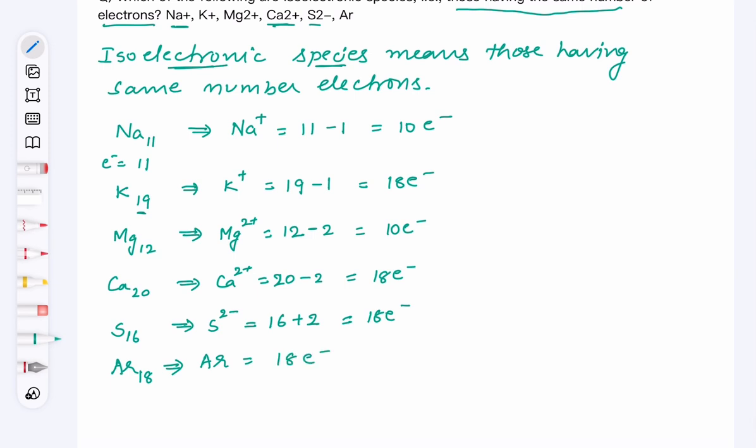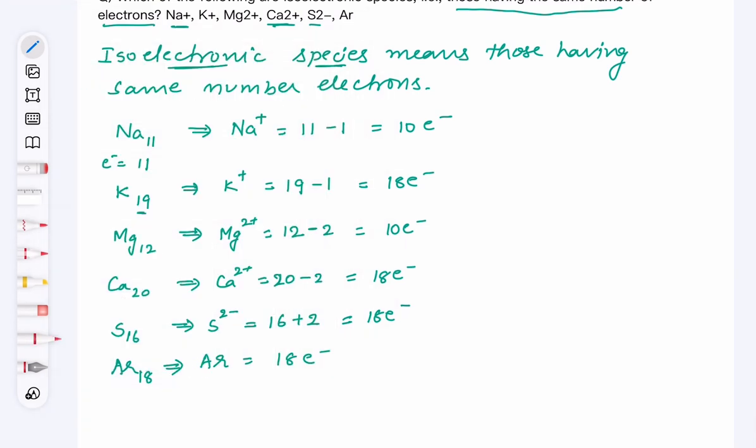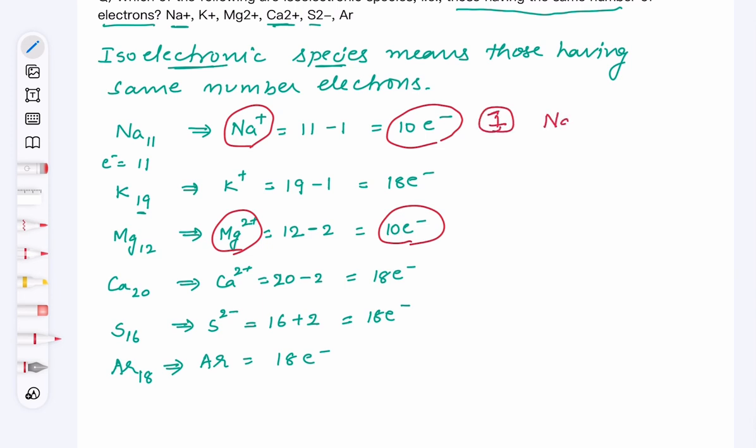Now if you see the final number of electrons for all the species, let us try to make sets out of it. You can see that Na plus has 10 electrons and Mg2 plus has 10 electrons. So the first set of isoelectronic species includes Na plus and Mg2 plus.